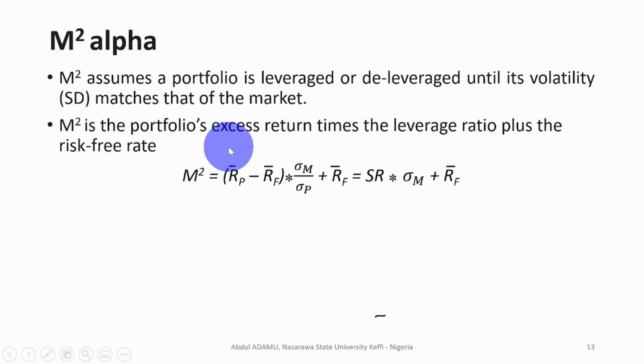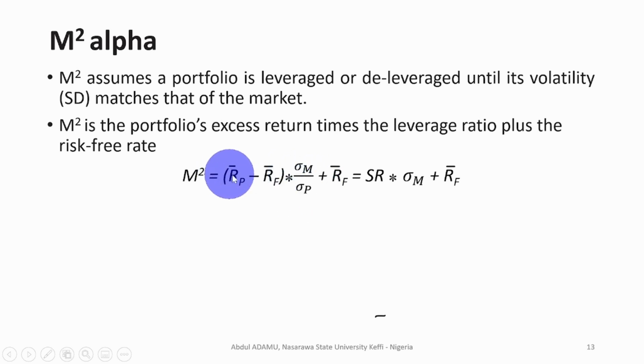So if you look at the formula for MSquare, you can see it is the excess return, that is the return of the portfolio less the risk-free rate, multiplied by the ratio of the market standard deviation over the portfolio standard deviation.